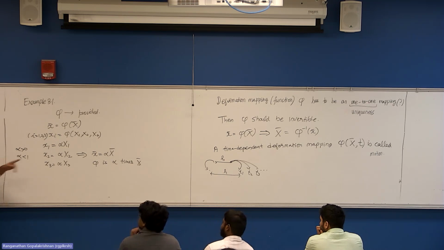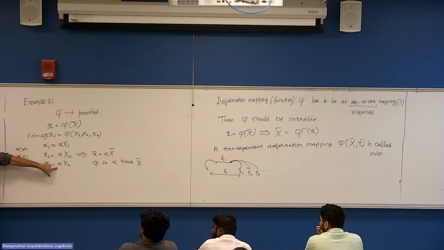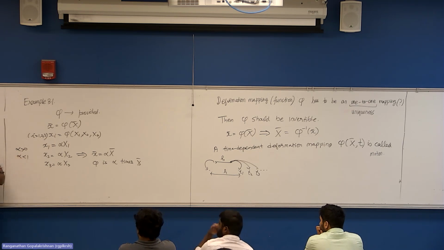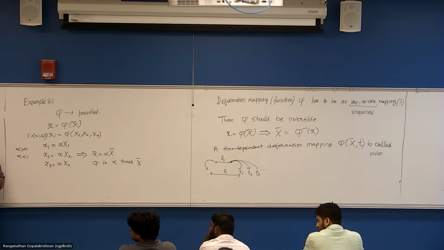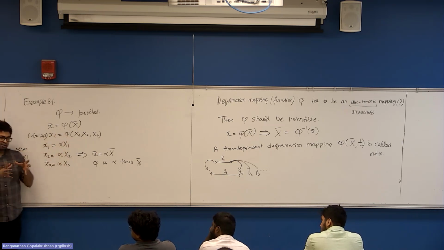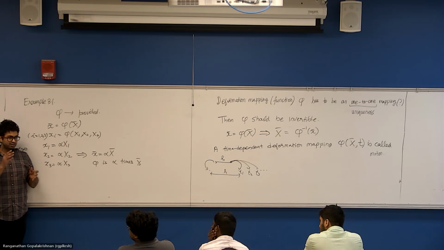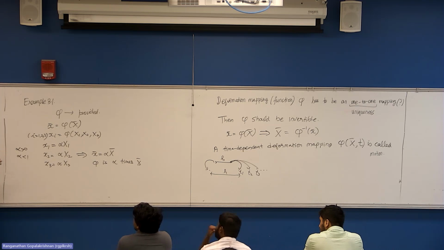You have reduced the length by alpha. Same thing in the other direction, same thing in the other direction. So in each dimension, the length has reduced from 1 to alpha. Or if alpha were greater than 1, it has increased from 1 to alpha. So after this deformation operation, that unit cell, which we choose as our reference, is now a smaller cube whose side is not 1, 1, 1, but alpha, alpha, alpha. So this is simple compression or tension depending on what alpha is.